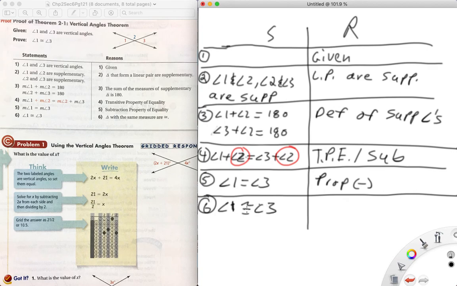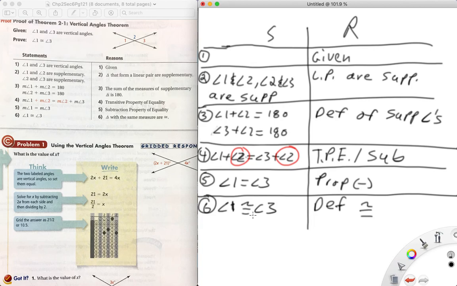You can say definition of congruent angles. I call it definition of congruency. That's how I shorthand it. If they're equal, then they're congruent. You have to change it over to congruency. And this is the proof of the vertical angles theorem.